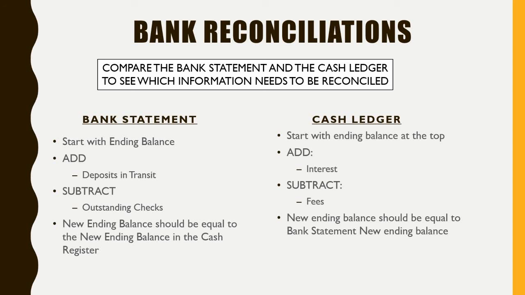Vice versa, what does the bank not know that you know? I know I wrote all of these checks and made all of these deposits. However, the bank says, I only recognize these so far, because there are always deposits in transit or checks that are outstanding.